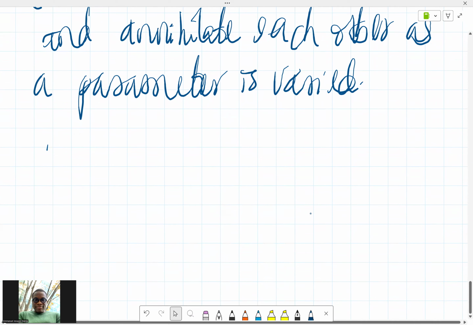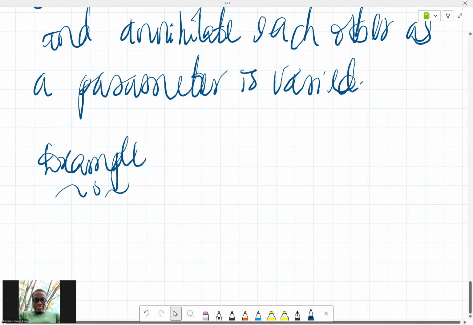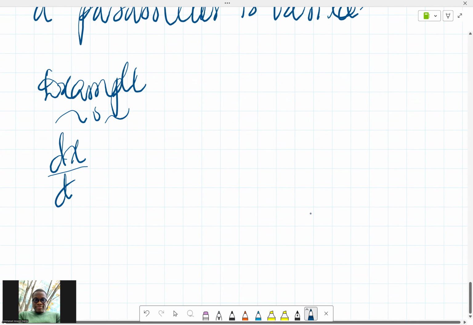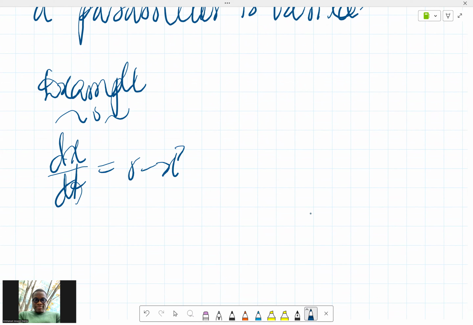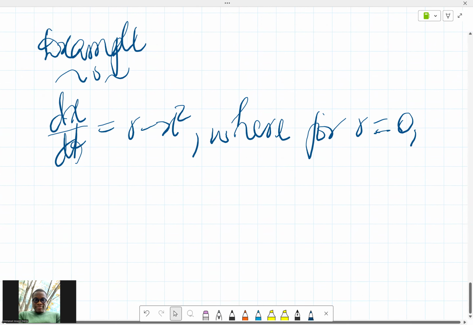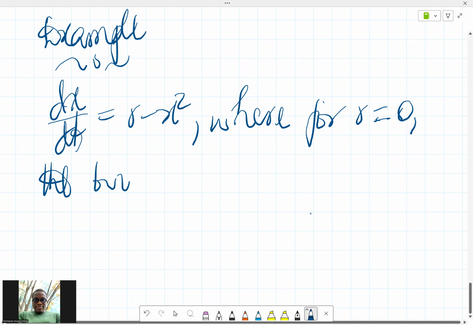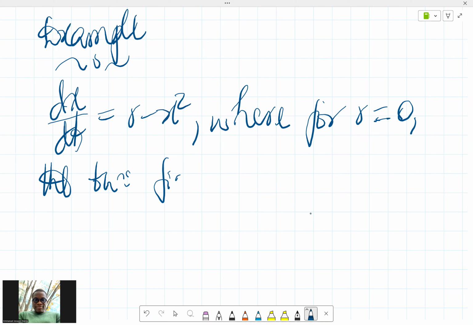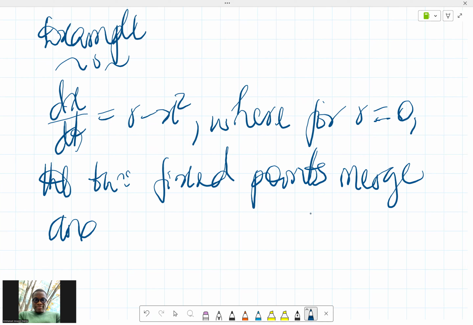A very good example of this is dx/dt equals r minus x squared, where for r equals 0, the two fixed points merge and vanish.